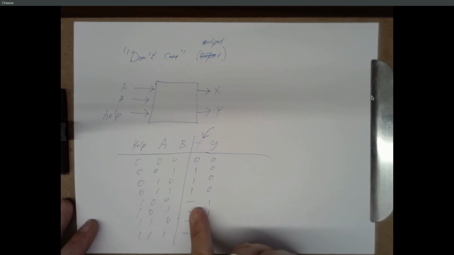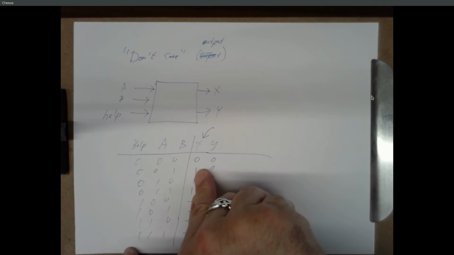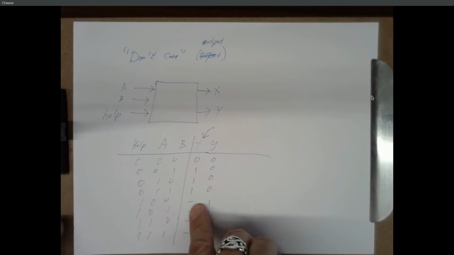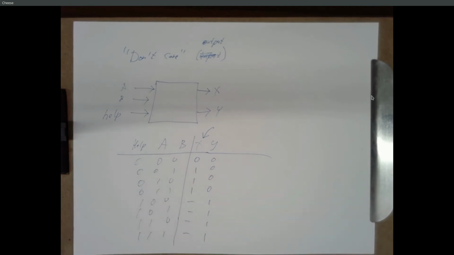If we chose to make these 0s, then we only have these 3 1s, a sum of 3 products. So there may be cases where making these all 0s or all 1s might simplify our logic. If you have a truth table with these don't care values, you can fill them in however you like, and sometimes filling them in the right way simplifies your logic.